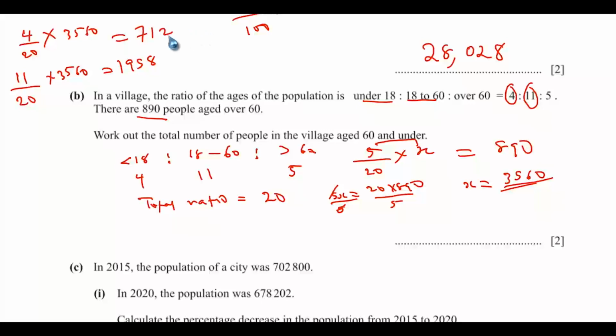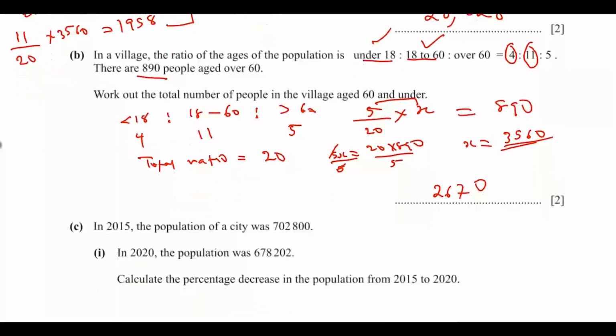Our answer is the addition of these two, and that will be 2670. So 2670 people in the village are aged 60 and under. It involves this and this.